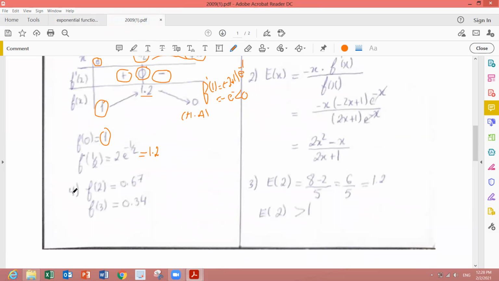F of 2, by using the calculator, is 0.67. I take only 2 digits after the decimal because it says to the nearest 10 to the minus 2. F of 3 equals 0.34.